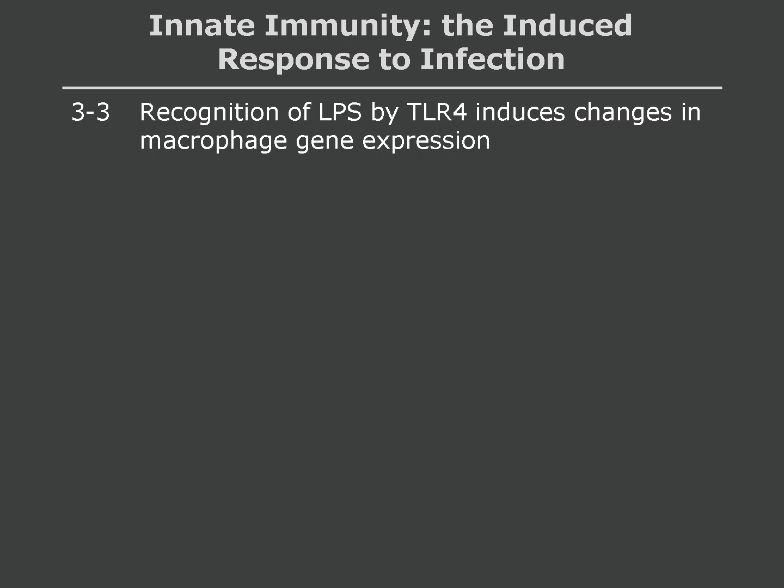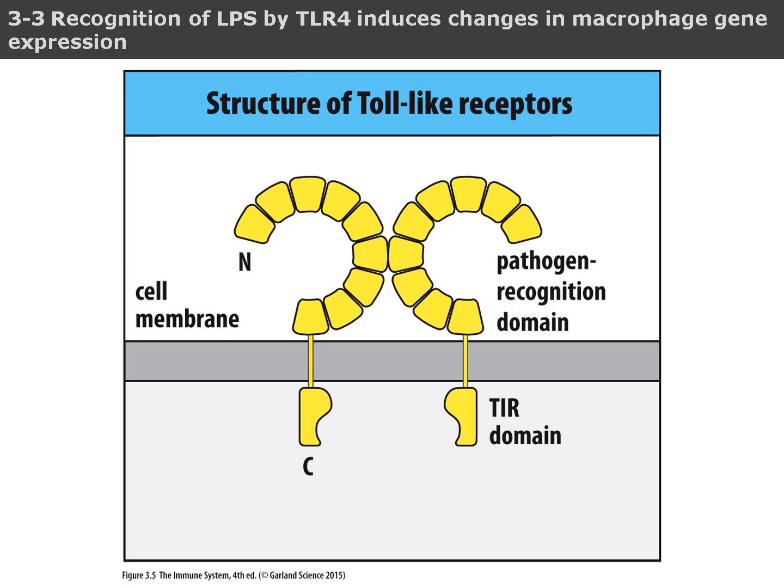Recognition of LPS by TLR4 induces changes in macrophage gene expression. This diagram shows the basic structure of a toll-like receptor, which plays an essential role in the innate immune system. Toll-like receptors are embedded in the cell membrane of immune cells, such as macrophages. They act as sentinels that detect signs of infection.